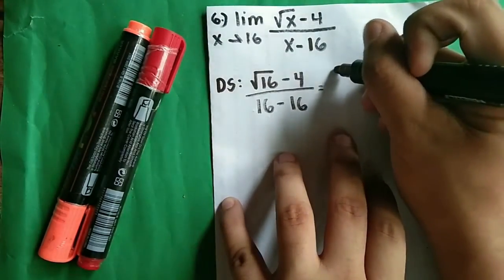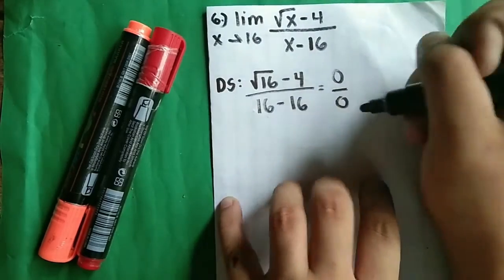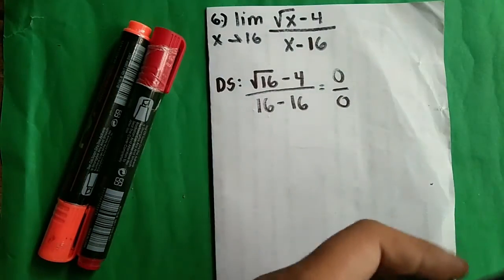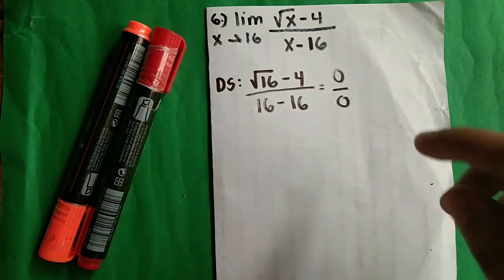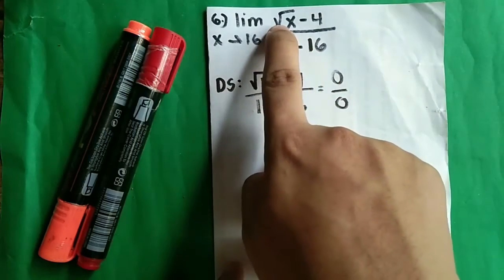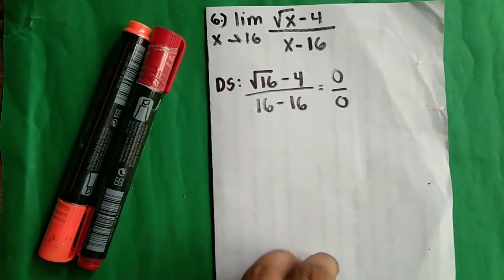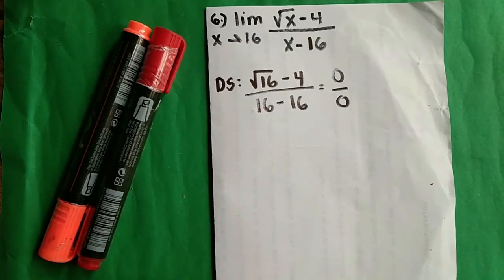Simplifying it, we get 0 over 0. And we know that 0 over 0 is an indeterminate form. So we have to choose whether rationalization or factorization. Since we have a radicand, it means we should rationalize it.